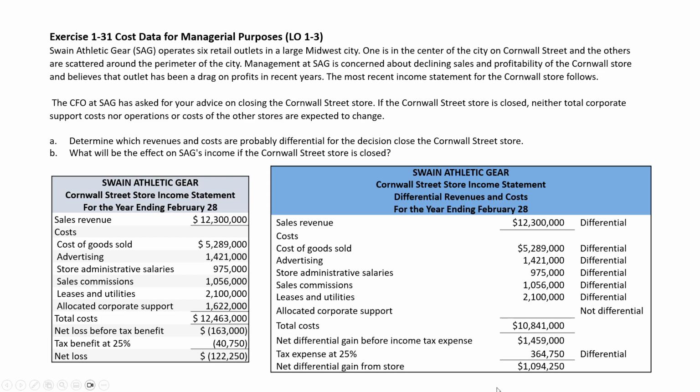The store benefits us after tax by $1,094,250. If we get rid of the store, we're actually going to lose profit for the company overall of $1,094,250, meaning we would not recommend closing the store.